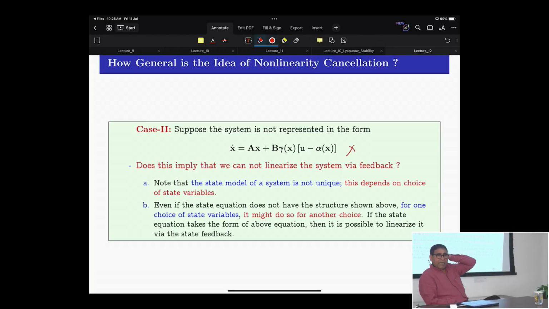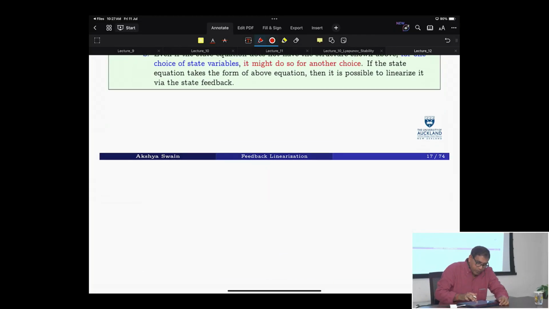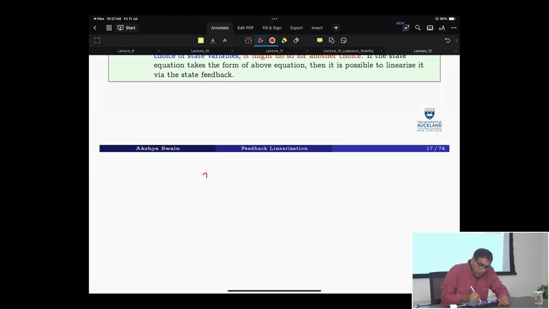Now see, one thing I must emphasize here: the state variable model of a system is not unique. I will give an analogy to make it clear. You can have an infinite number of possibilities by suitable transformation. Say, for example, x dot is equal to ax plus bu.